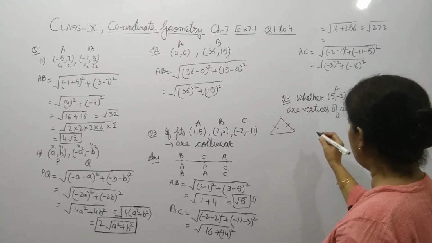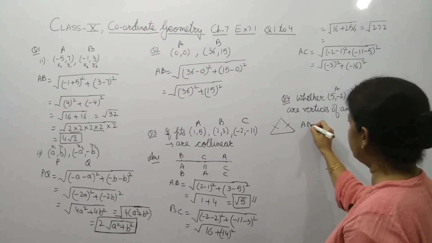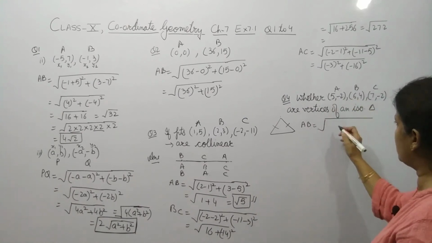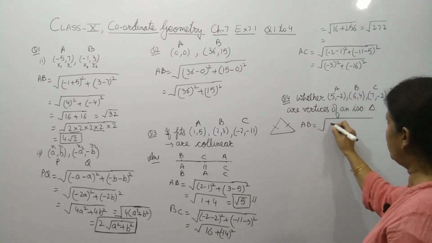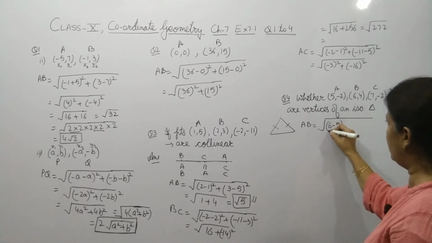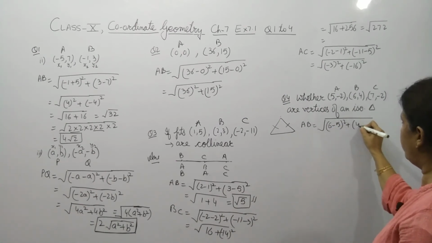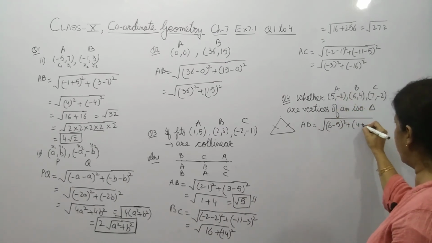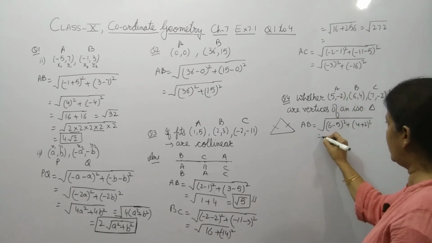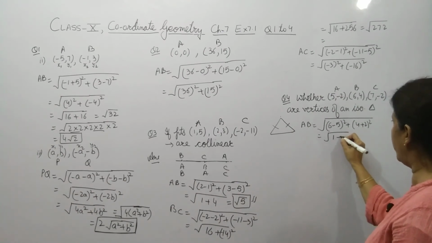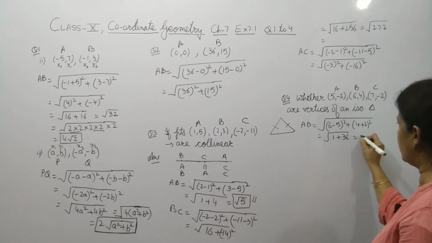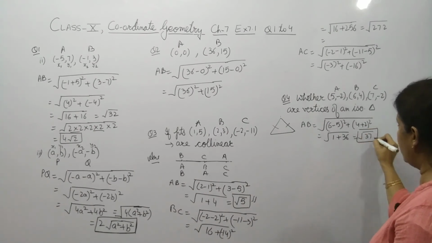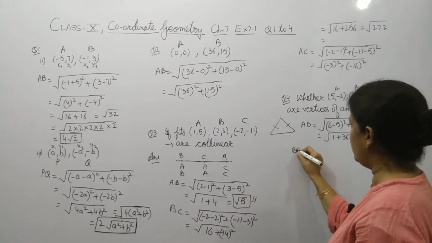Let's find out the distance AB. Same formula, you have to use x2 minus x1. So it will be 6 minus 5 square plus 4 minus this, minus minus will become plus. So it is 1 plus 36. So it is 37. Let's find out BC also.